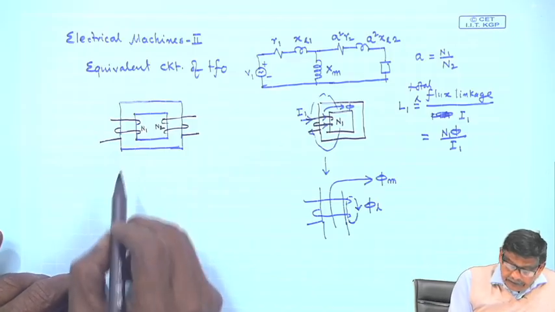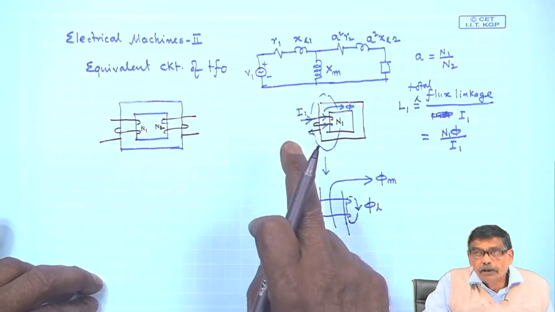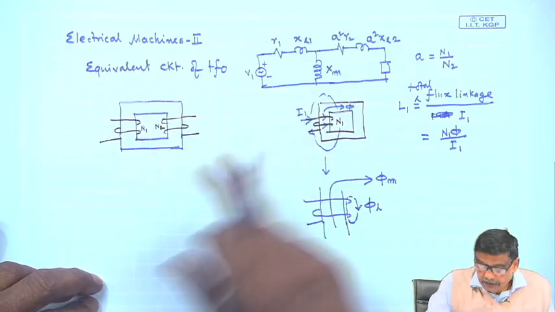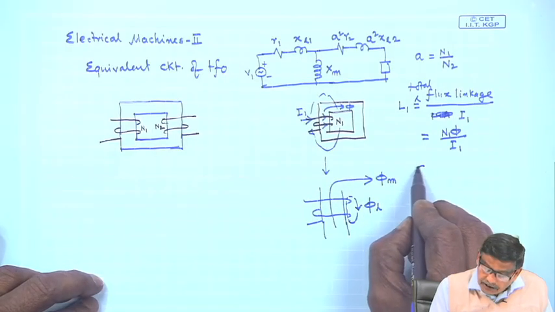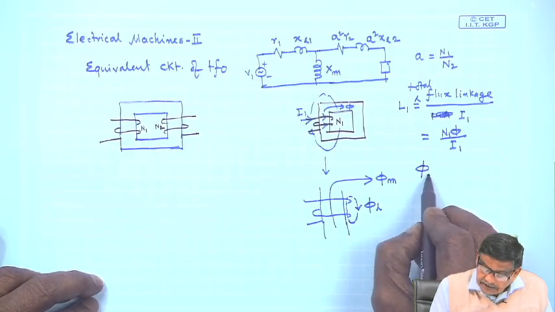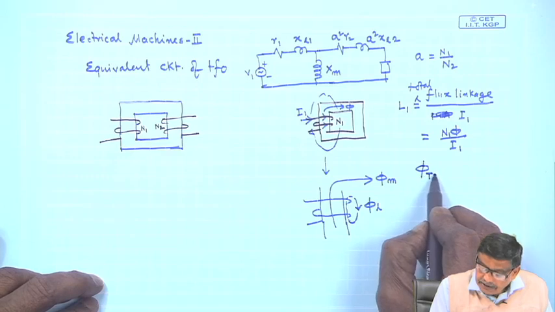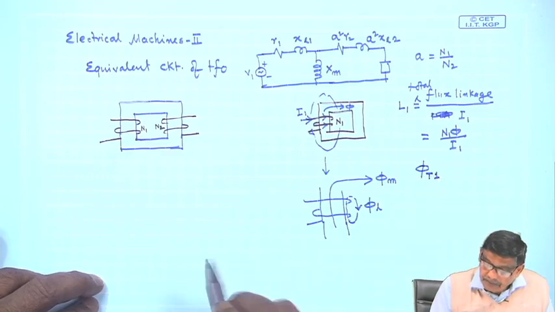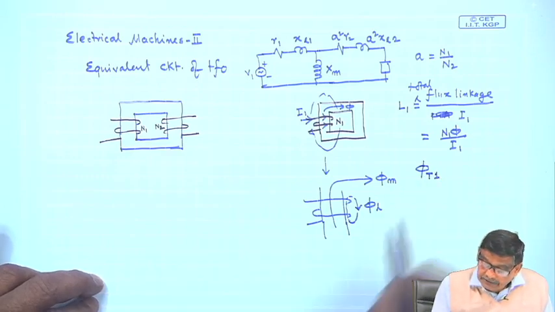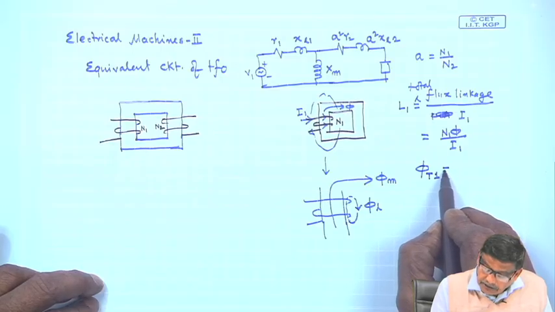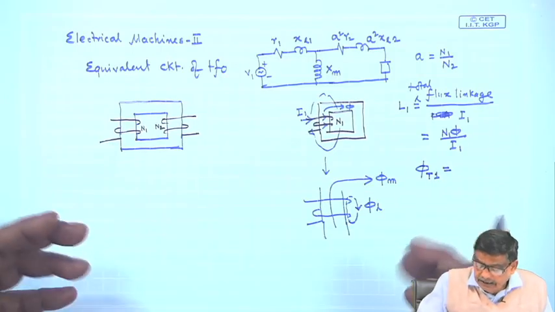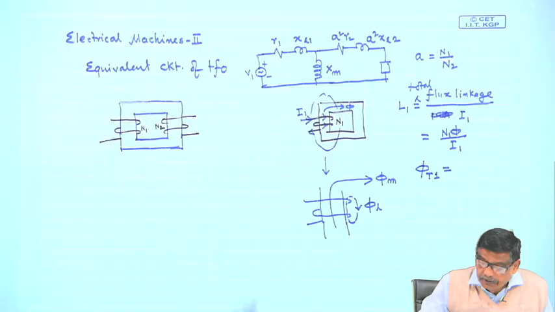So, if I say that I have energized coil 1 by current I1, and the total flux created by it, I will write it like this, phi T1, is the total flux. Then this total flux will comprise, in fact it consists of two pieces.